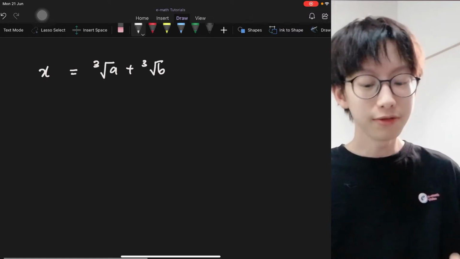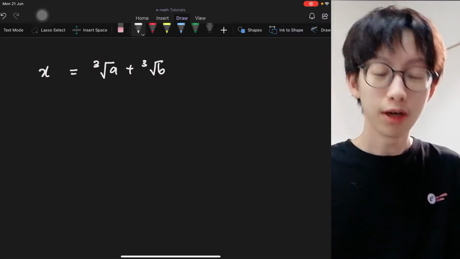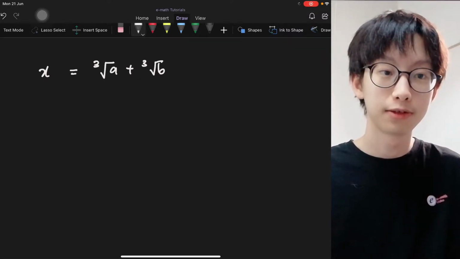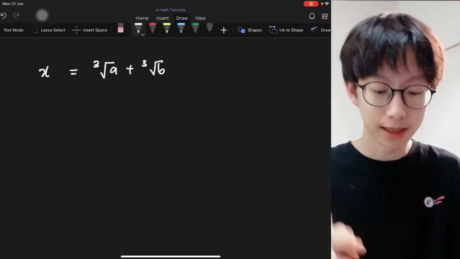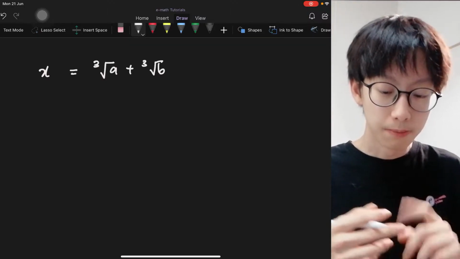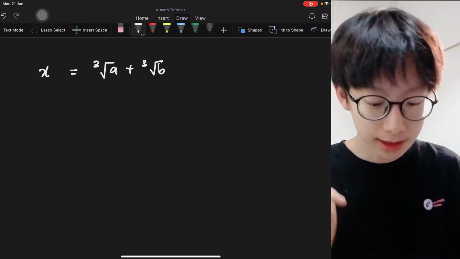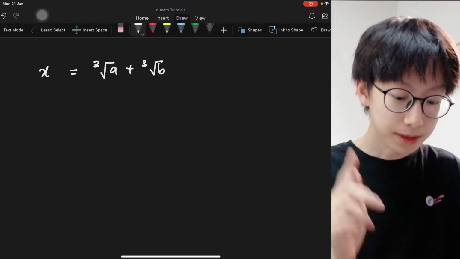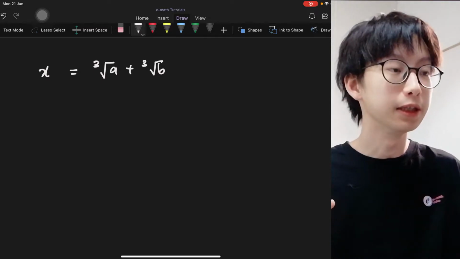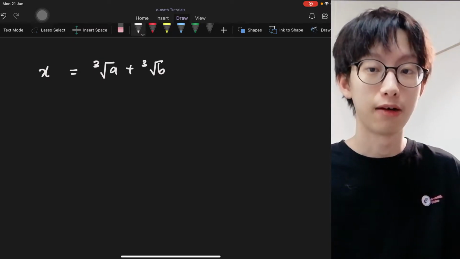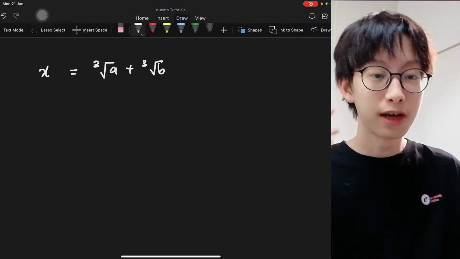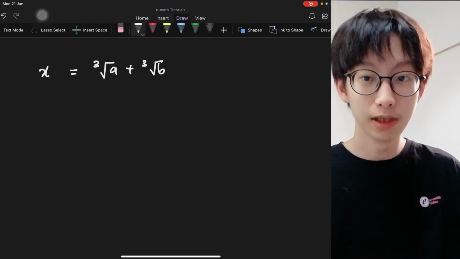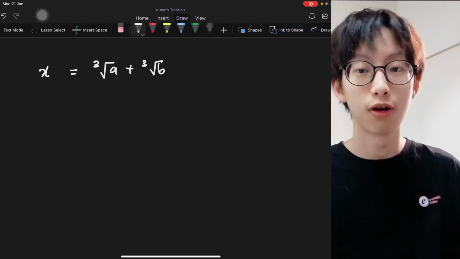Whenever you need to solve this kind of equation, what you do is raise both sides to some power to cancel out the radical, to cancel out the root. But you have to be very, very careful when you do this, because by the fundamental theorem of algebra, an nth degree polynomial will have n roots, either real or complex.